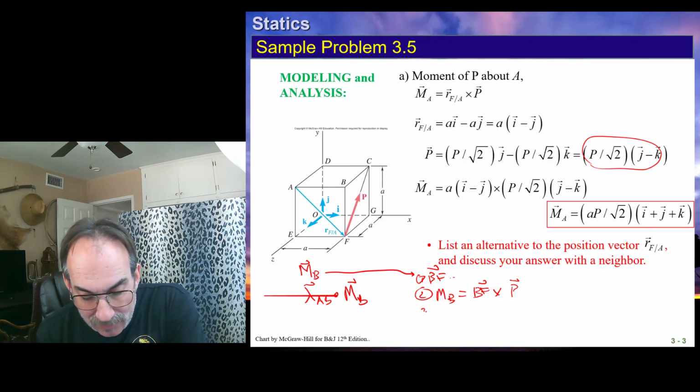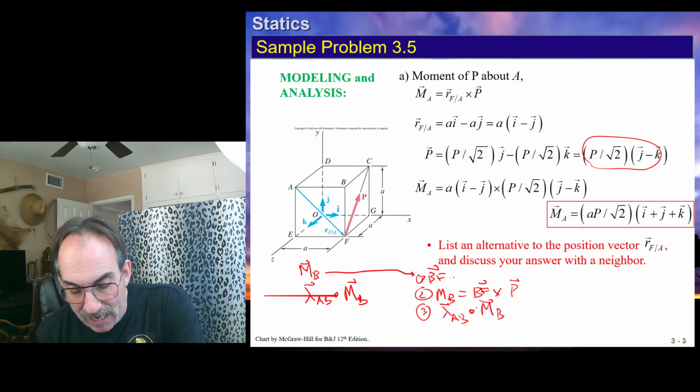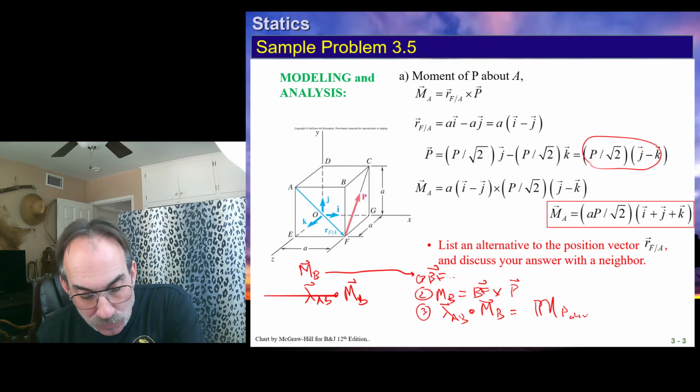Then you can calculate the vector. Now that you have this, you can take the dot product of lambda_AB, which is still just I, with the moment about B, and you will get the same projection, the moment of P about AB.